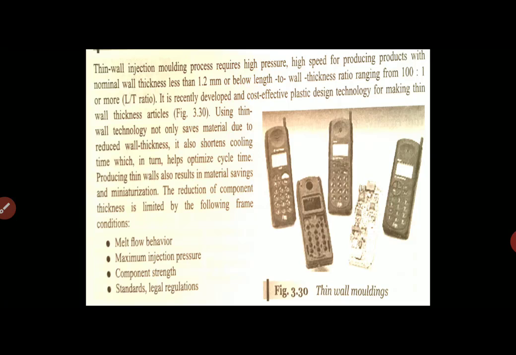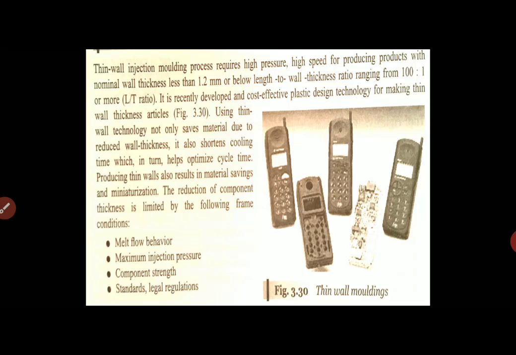So the thin walled injection molding process requires high pressure and high speed for producing plastics with nominal wall thickness of 1.2 mm or below, and the length to wall thickness ratio of 200:1 or 100:1 or more than 100:1, the L by T ratio, length to thickness ratio.